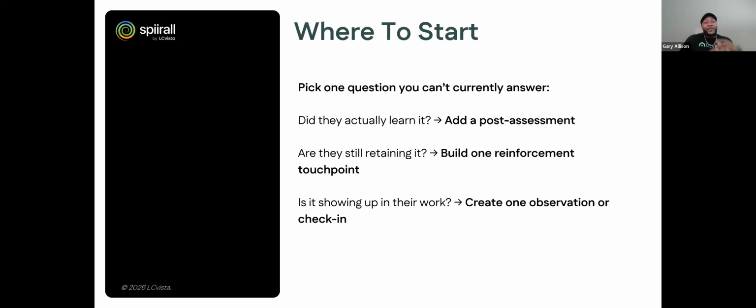Try to ensure that when you develop this program, you have a plan for another touch point with the content, meaning give it 2 weeks and send out a little short retention booster, a set of questions, quizzes, open-ended questions that require some cognitive processing. And is it showing up in their work? Create one observation or check-in.